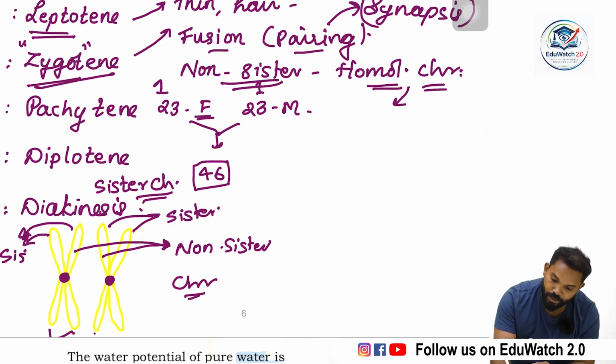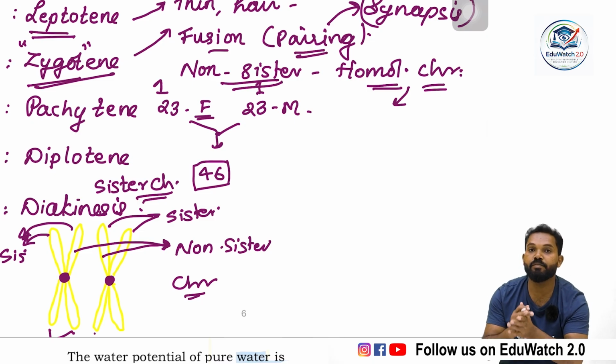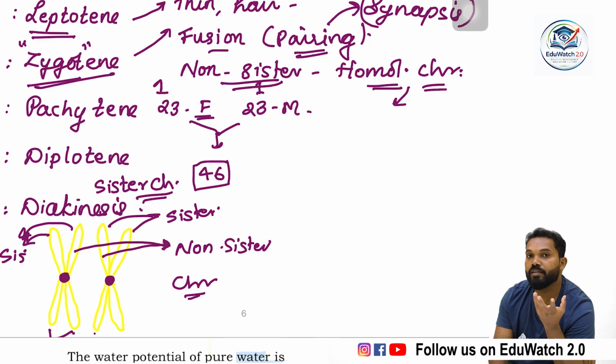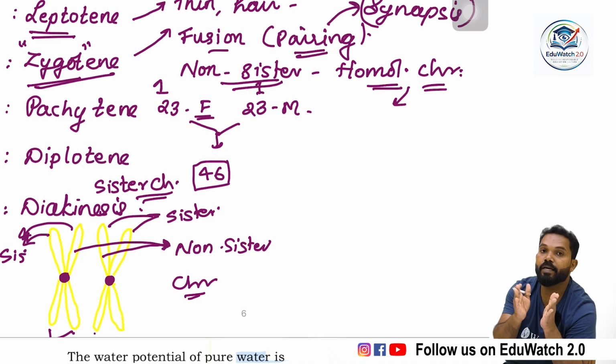Here, the pairing that takes place between non-sister chromatids of homologous chromosomes is with the help of a protein known as the synaptonemal complex. The synaptonemal complex is a cementing protein formed during zygotene which helps in synapsis or pairing.